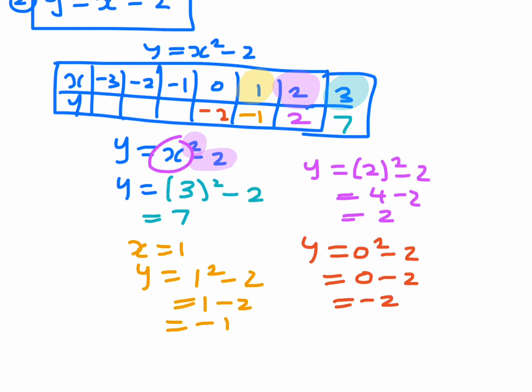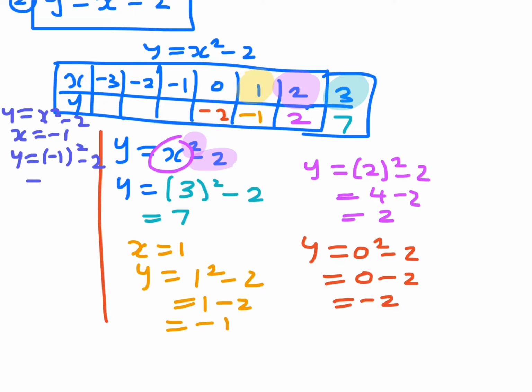Now really the other side will be exactly the same, or symmetric, but I'd still like us just to check it off. Okay, so the first one's minus 1. It's going to be in brackets with the square on the outside: minus 1 squared minus 2, because that's what the rule says, x squared minus 2. Put that in and you should get minus 1.